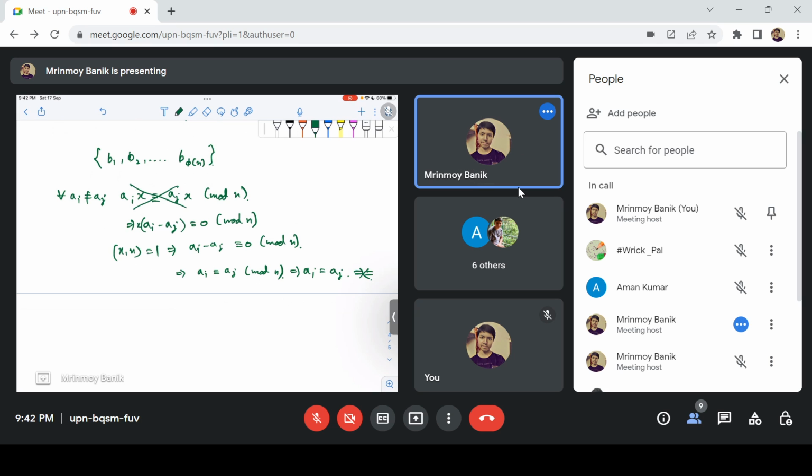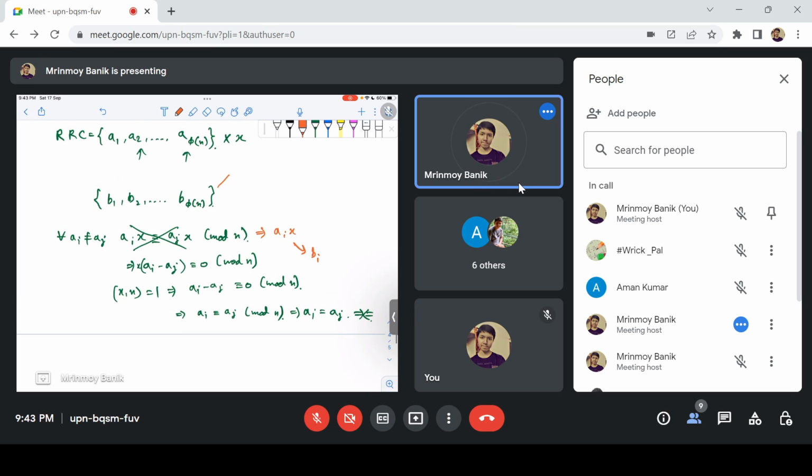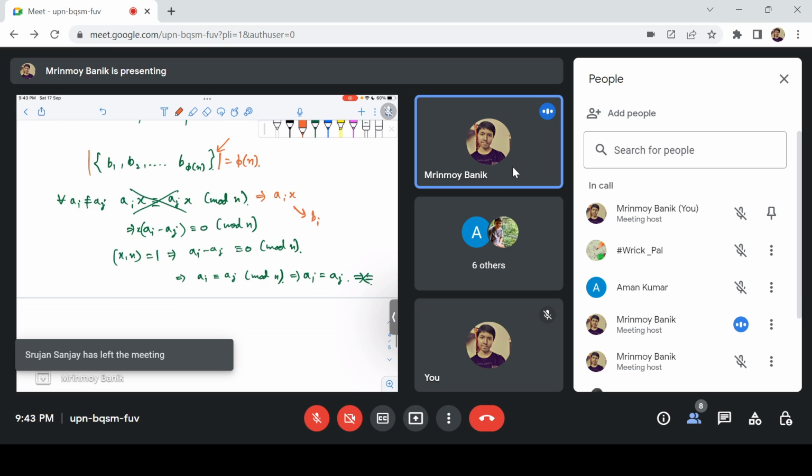So that will imply each of the AIs, when multiplied with x, will generate a new distinct BI, right? So the cardinality of the set, whatever set is generated, is also phi n, as before, as the reduced residue class.